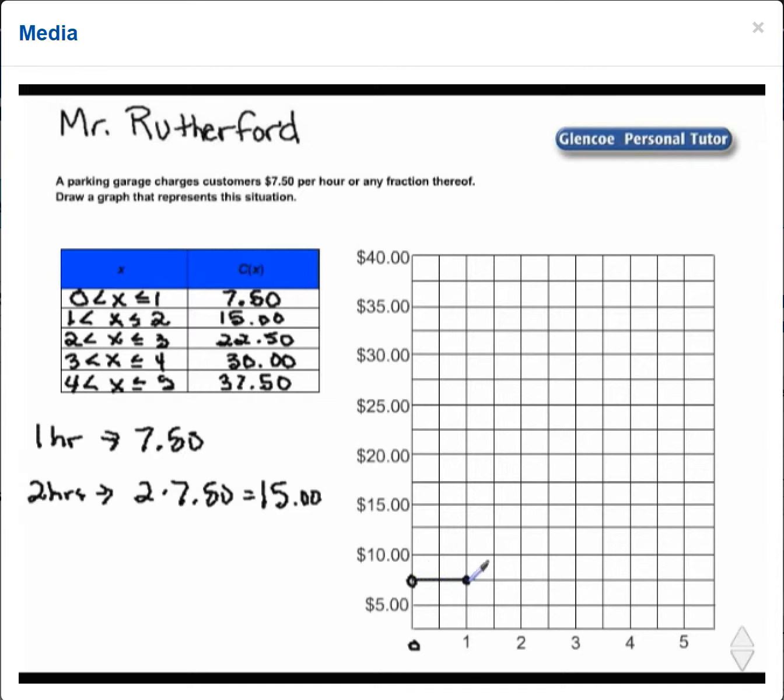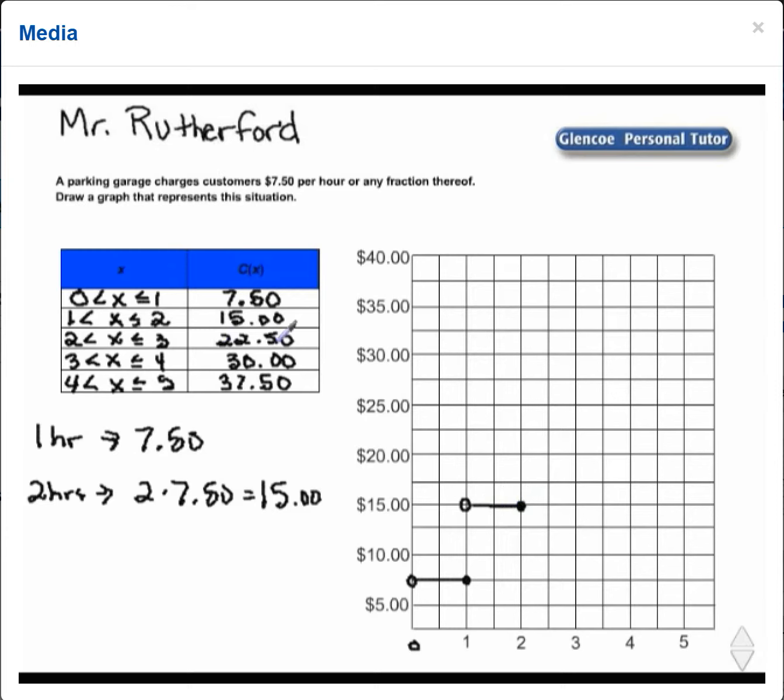So here's what we're going to do. We're going to create a step function. Next we have a value of $15 for c of x, and we are going to have an open circle at 1, as indicated here in our inequality, and we're going to have a closed circle at 2, and we'll connect these two.